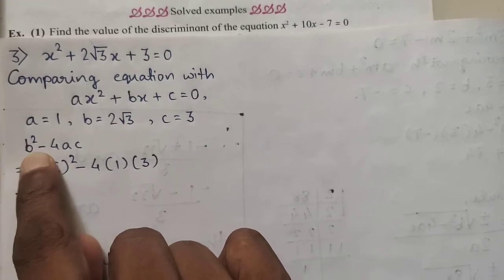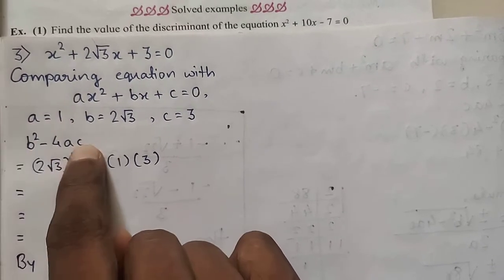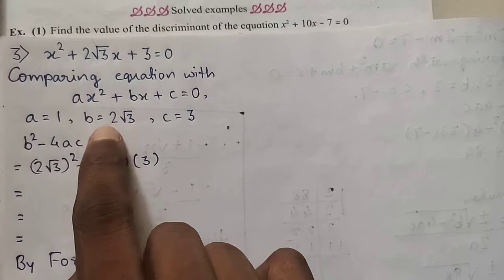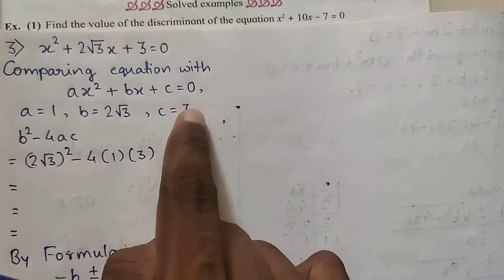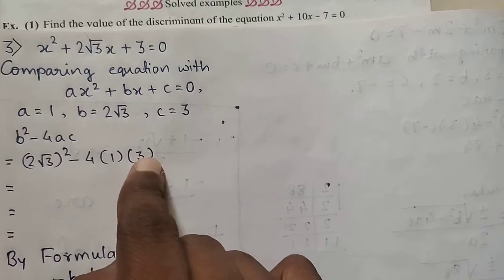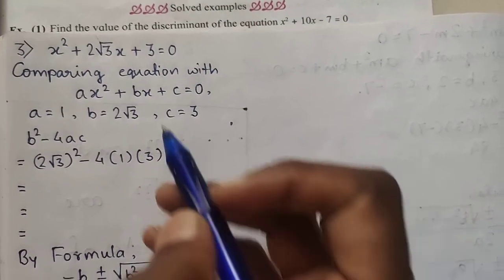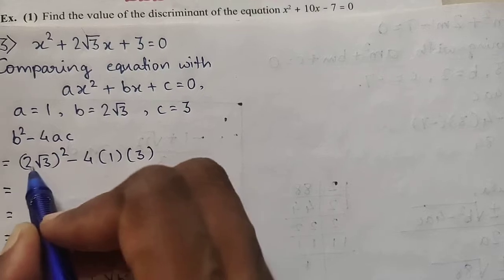Now we have to find out b square minus 4ac. For that purpose I have put the value of b, then 4, then the value of a, 1, and then the value of c, 3. So this is multiplication. Now let us solve this. First we have to take the square of this.